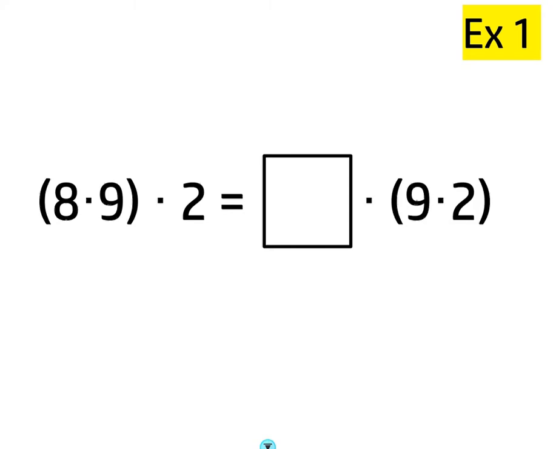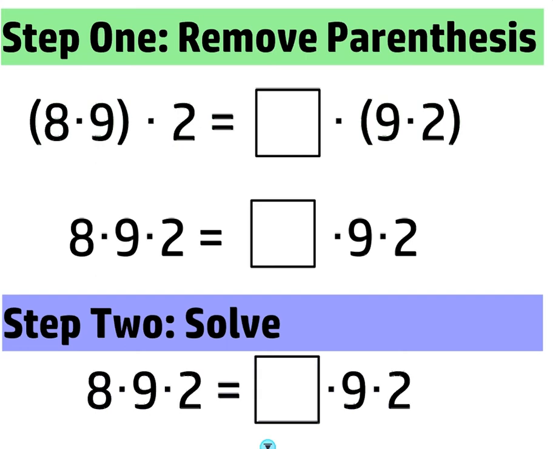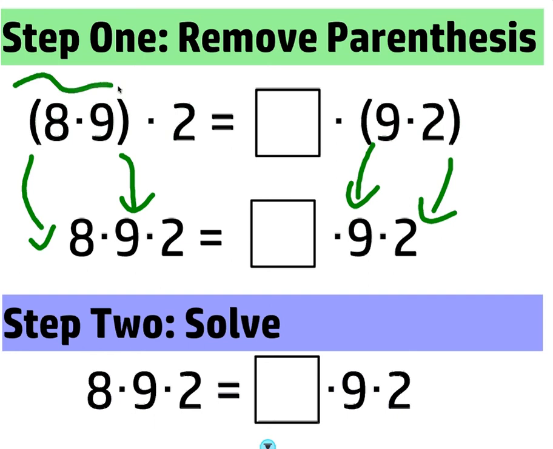Let's go ahead and look at the first example, official example. 8 times 9, so we're going to multiply those first, times 2 is equal to what number times 9 times 2? And again, some of you can already go ahead and know exactly what that is, but let's go ahead and just formally do it. Just like associative property of addition, we're going to go ahead and remove the parentheses, or like I said before, it's kind of like saying we're going to ungroup them.